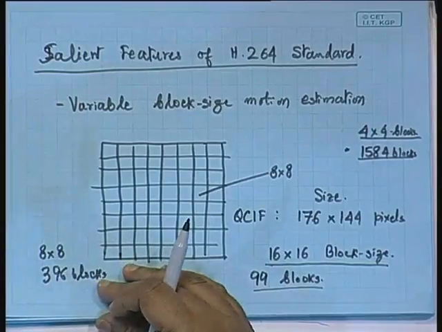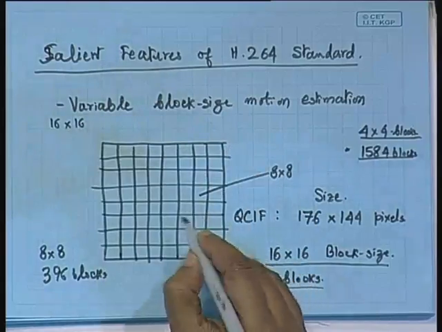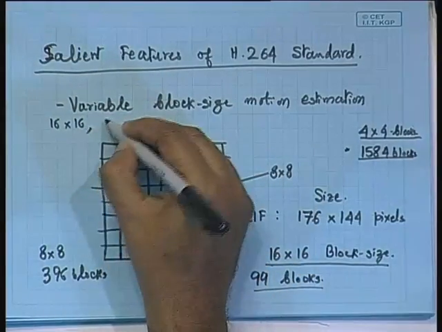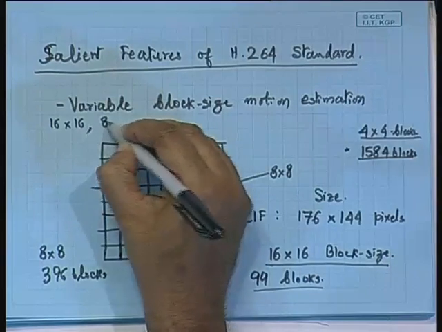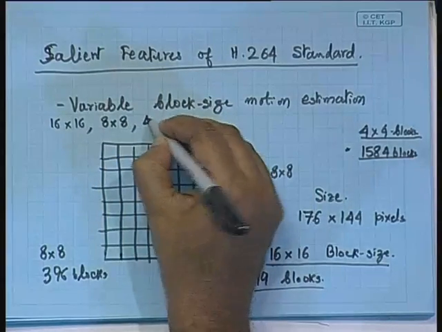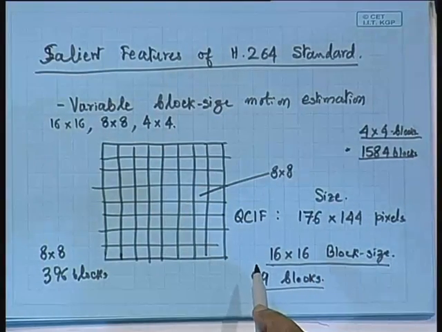So, that is the advantage that one gets from variable block size motion estimation, meaning that for some parts you can keep 16 by 16 block size, for some parts of the image you can subdivide the 16 by 16 blocks into 8 by 8, for some parts you can subdivide into 4 by 4, this 8 by 8 could be subpartitioned into 4 by 4.